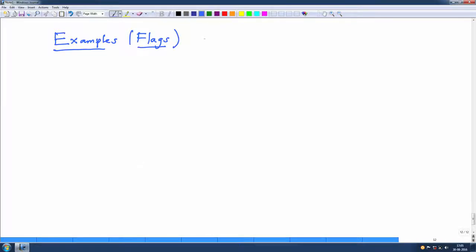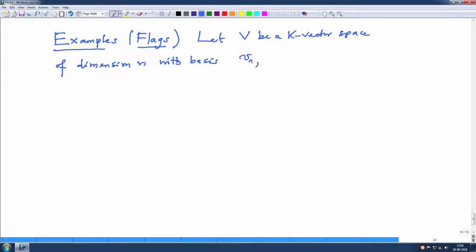So, let V be a K vector space of dimension n with basis V1 to Vn, and let us look at the subspaces.